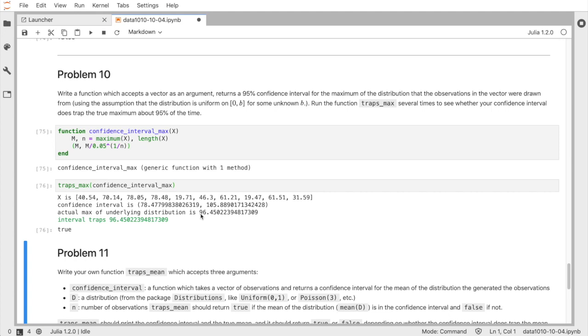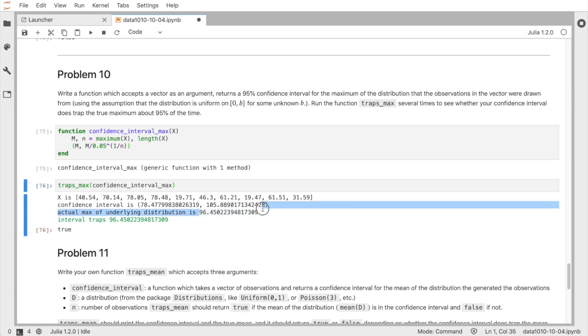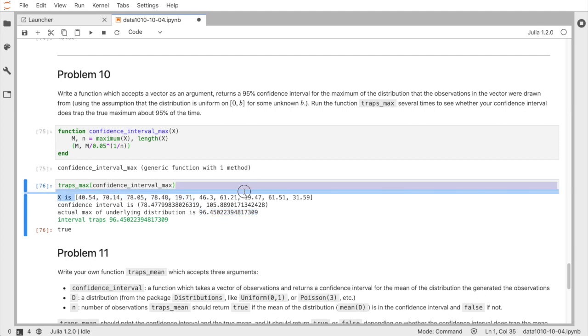So this function traps max is generating a uniform distribution on the interval from 0 to 96.45, and we get these observations. The biggest observation is 78.48, it's this value. And the confidence interval returned is that value up to 105.9 roughly.